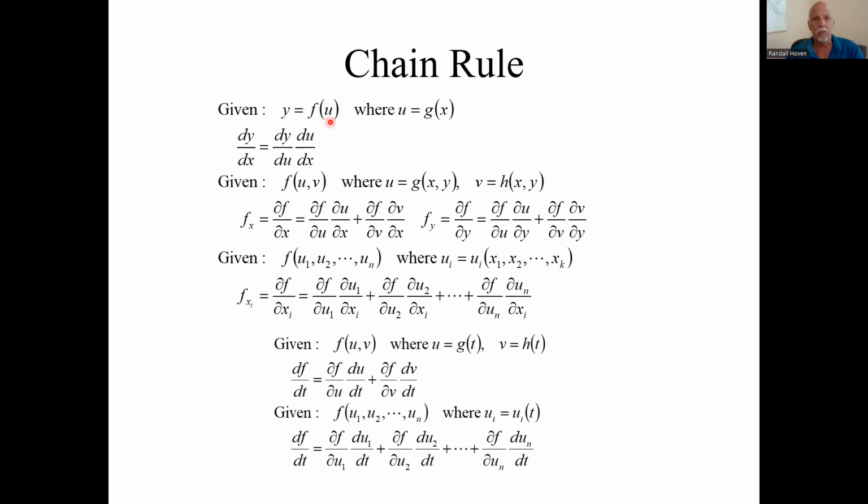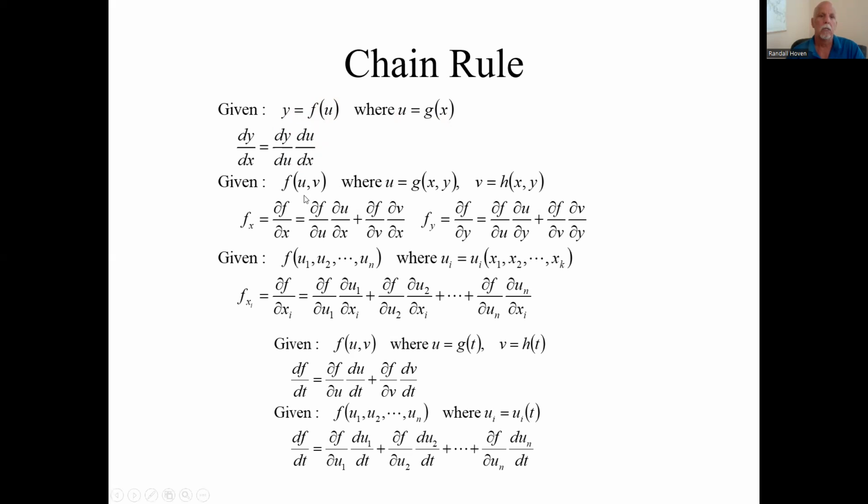If you have a function of u, and u is in turn a function of x, and you want the derivative of this with respect to x, you can't take the derivative of this with respect to x directly. You have to use the chain rule. You take its derivative with respect to its variable, and then multiply by the derivative of u with respect to x.